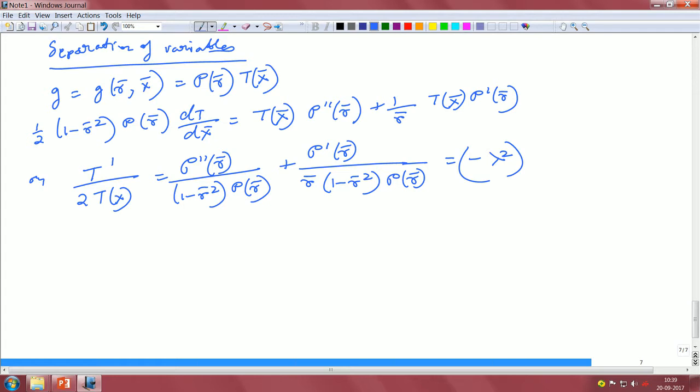This is only possible when they are both equal to some kind of a constant, which is basically lambda square. Over here we have taken minus lambda square, there is a reason behind it.